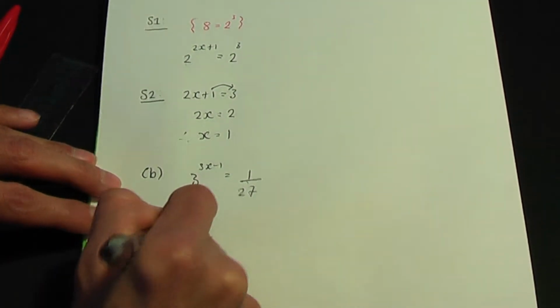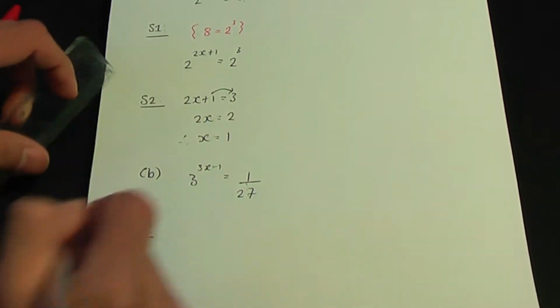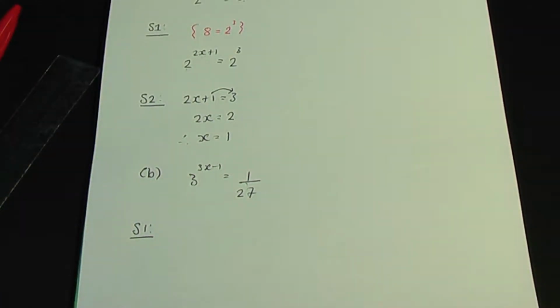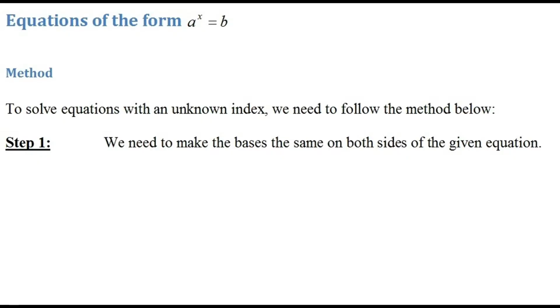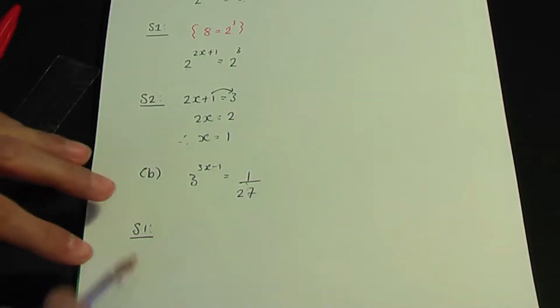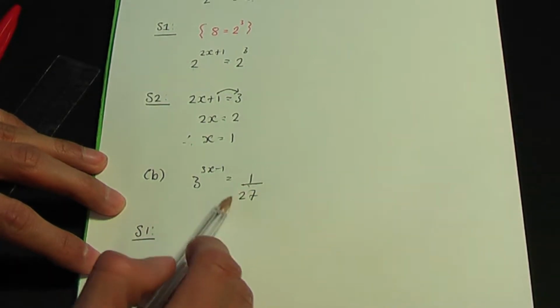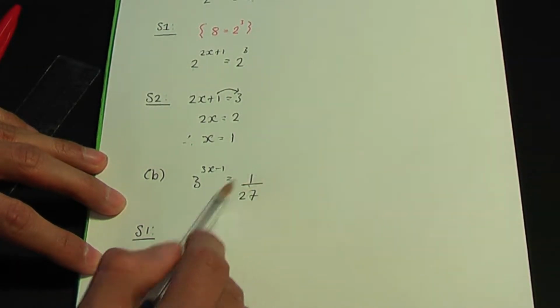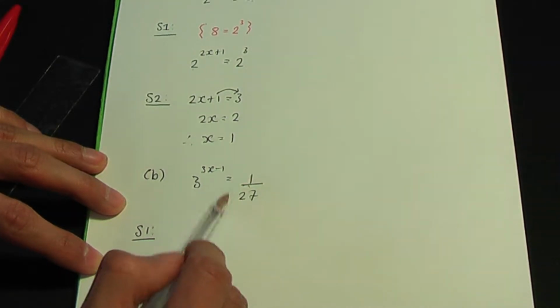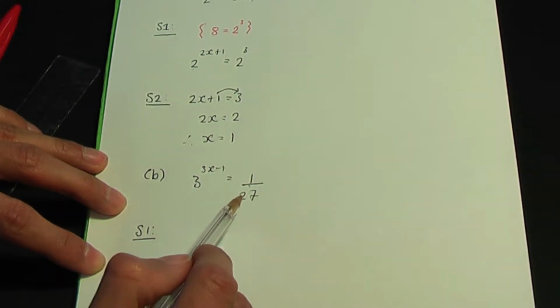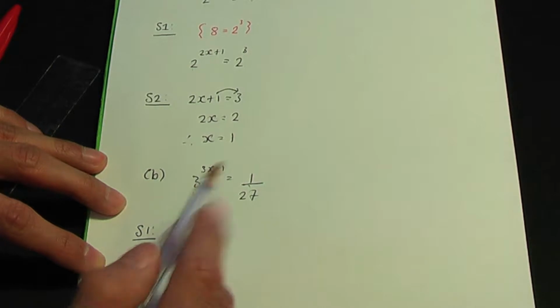In step number 1, we need to make the bases the same on both sides of the given equation. In this case, I have a base of 3 on the left hand side. However, I have 1 over 27 on the right hand side. Let's try and make 1 over 27 a base of 3 to the power something.